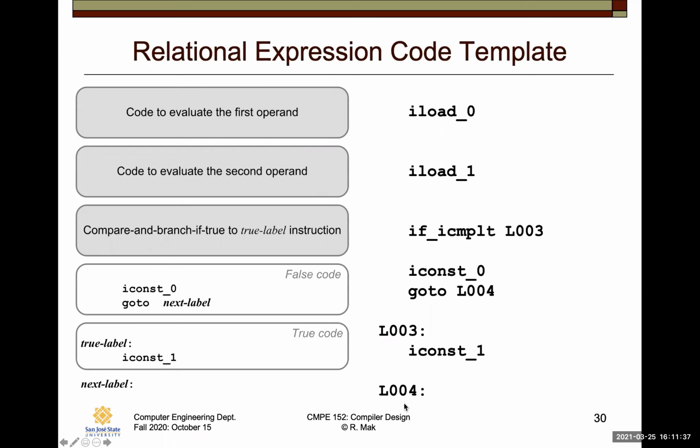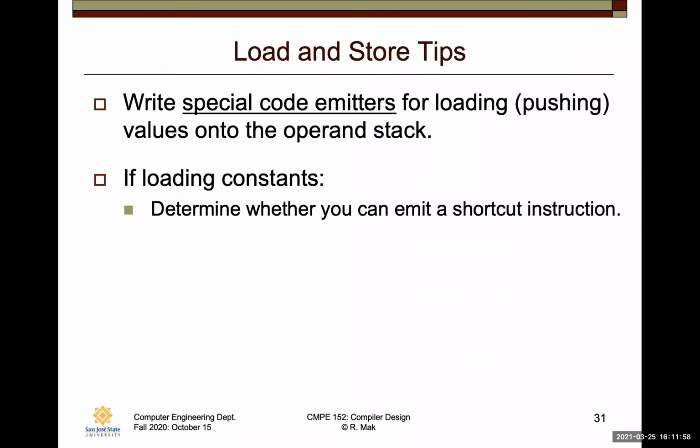We branch around down to here, which I'm calling the next label because it's the label of the instruction after the relational expression. And so this is the template, and this is a specific instance of using that template. All right, so now you know how to do expressions.